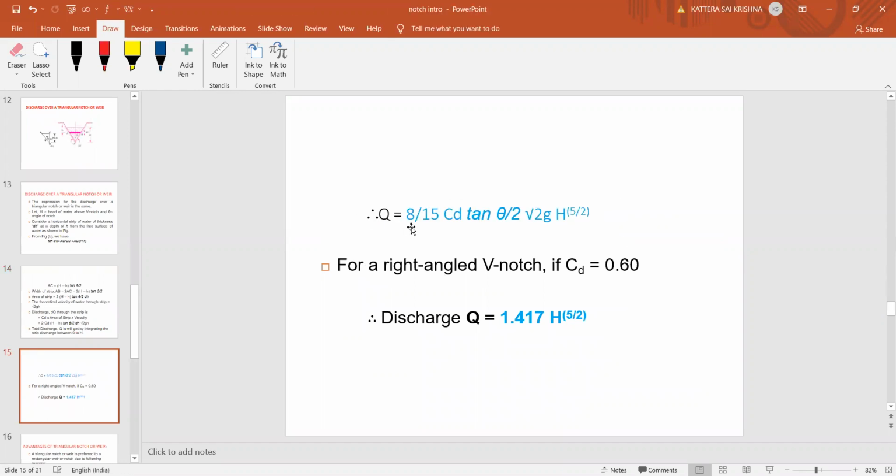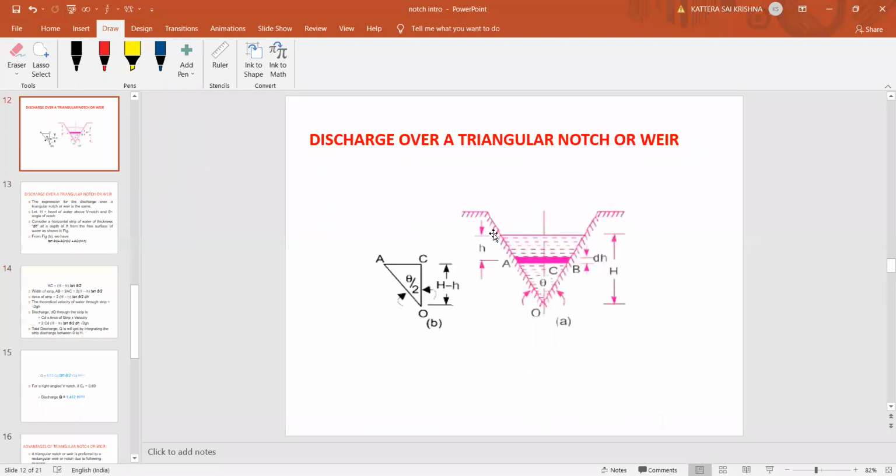Q equal to 8 by 15. Today the experiment you are doing is the triangular notch, so we need to know this formula for calculating the discharge Q. Q equal to 8 by 15 into coefficient of discharge into tan theta by 2. Here theta denotes the interior angle of this triangular shape.